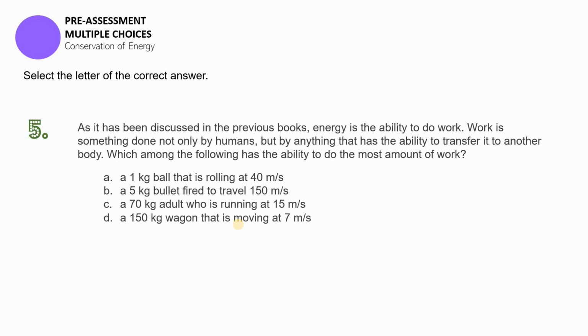B. A 5 kilogram bullet fired to travel 150 meters per second. C. A 70 kilogram adult who is running at 15 meters per second. D. A 150 kilogram wagon that is moving at 7 meters per second.